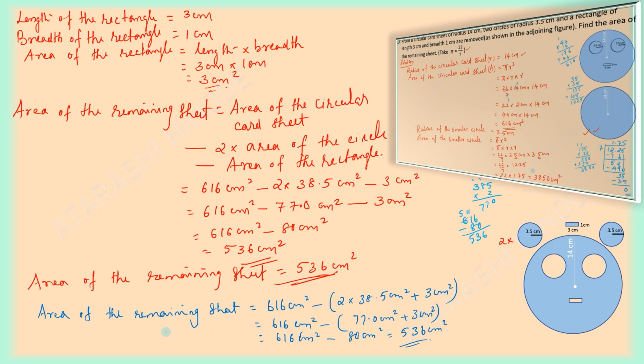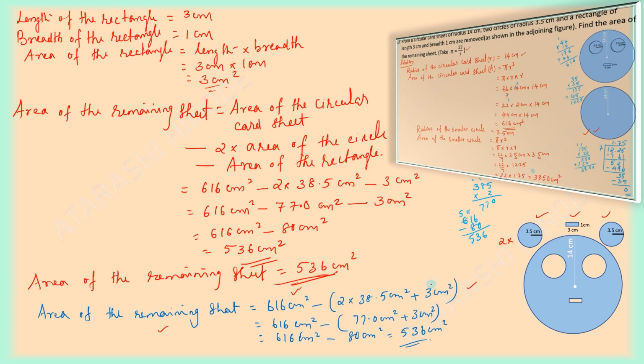Or you can do like this also, that is area of the remaining sheet, that is equal to area of the circular card sheet minus, here if you add areas of these three shapes, then you have to put this in the bracket like this.